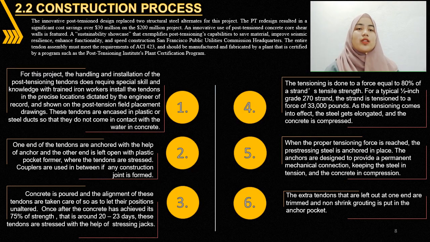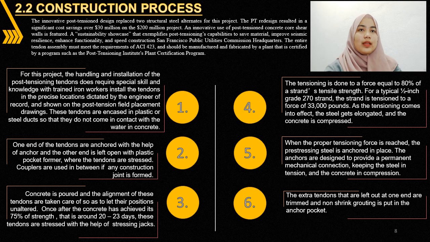Construction process. The innovative post-tension design replaced two structural steel alternatives for this project. The PT redesign resulted in significant cost savings, over $30 million on the $200 million project.